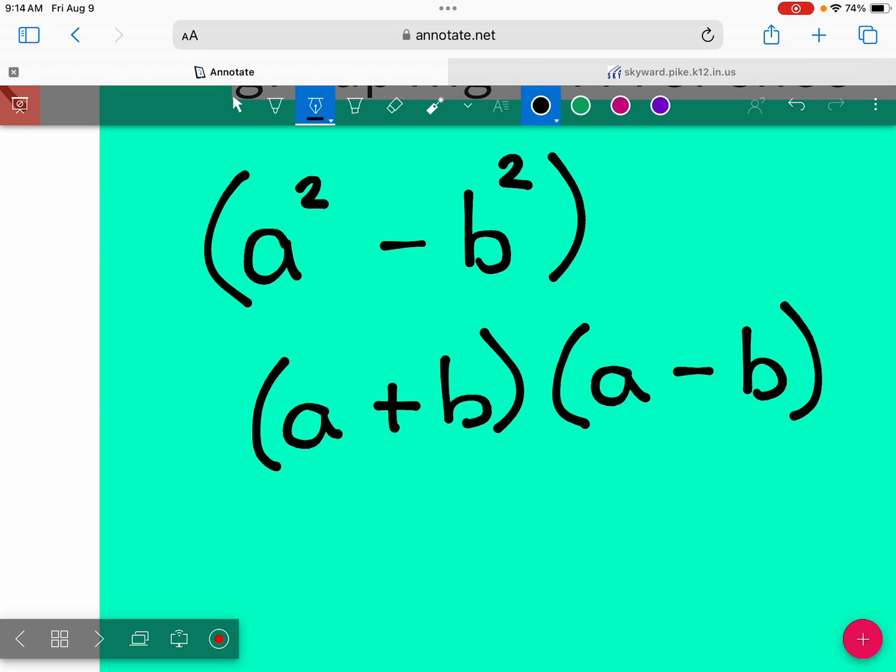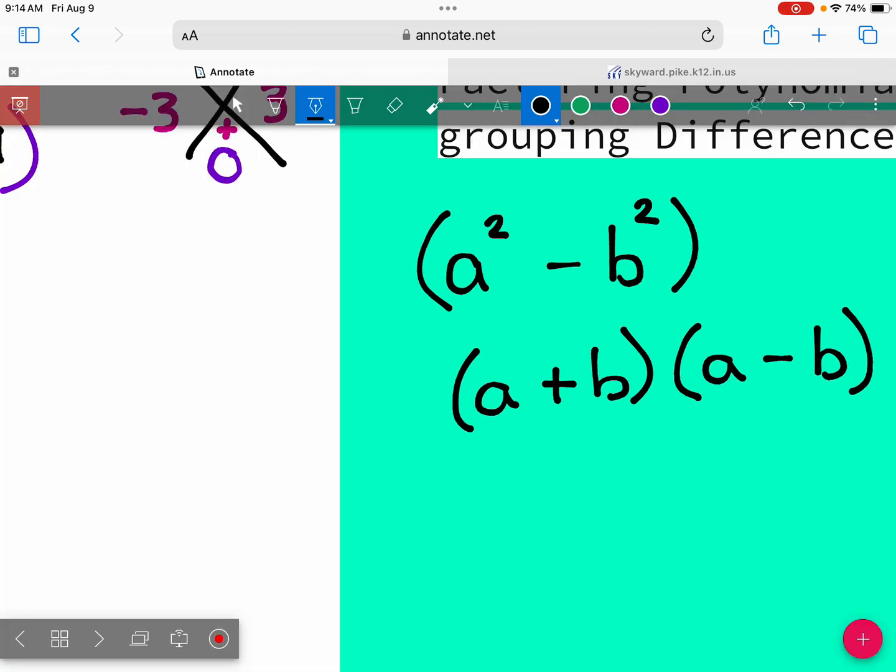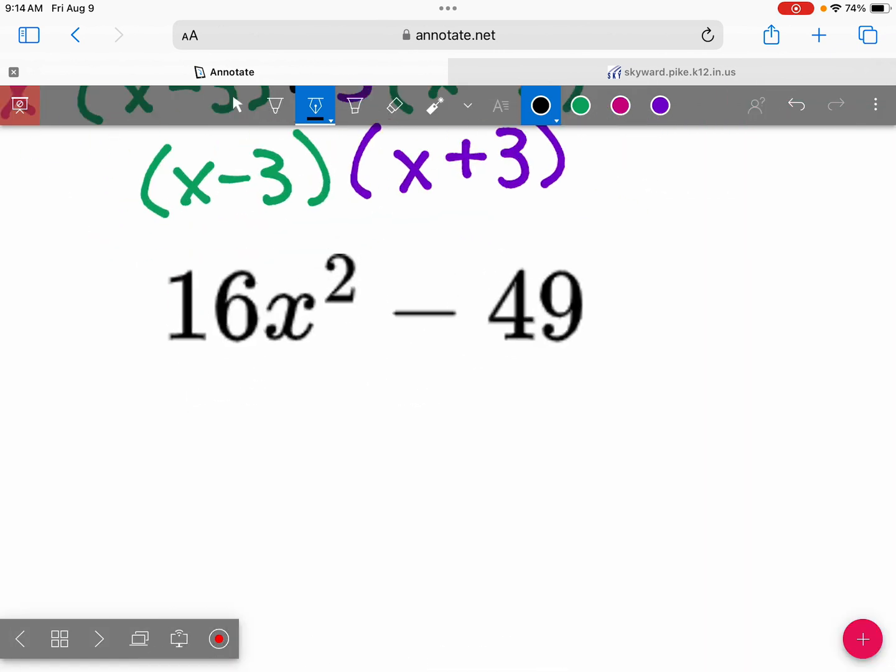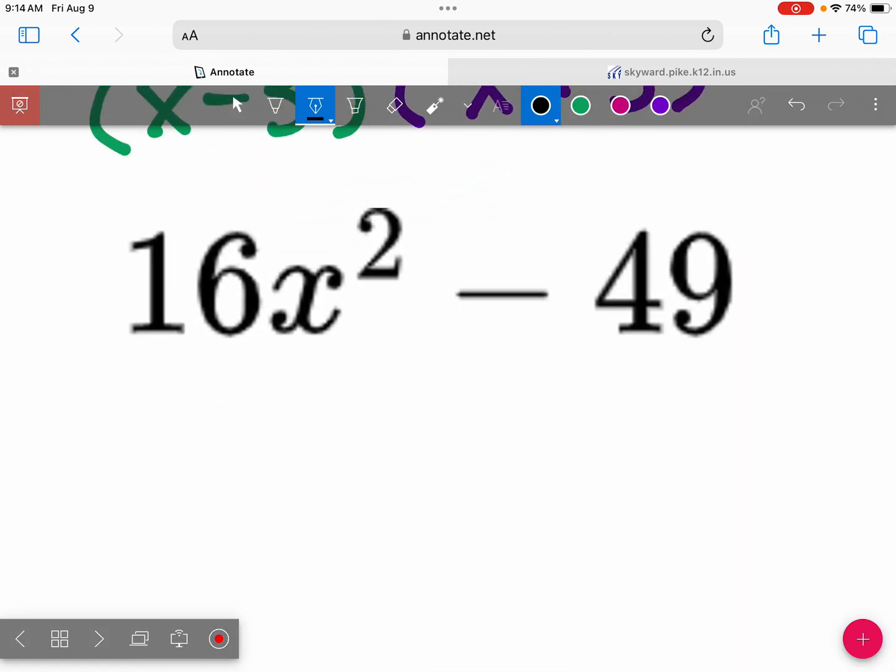So we have to be really, really careful, especially on ones like the next two, that we make sure we catch the whole term as a perfect square. So with our 16x squared, this is a whole piece. It's not just 16 and x that we're going to have in our parentheses.